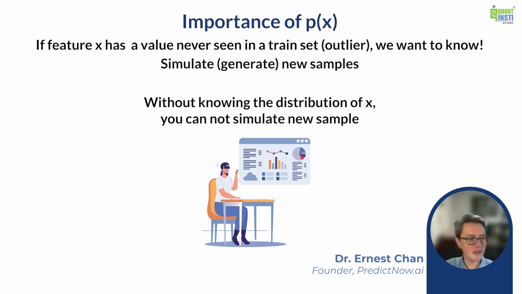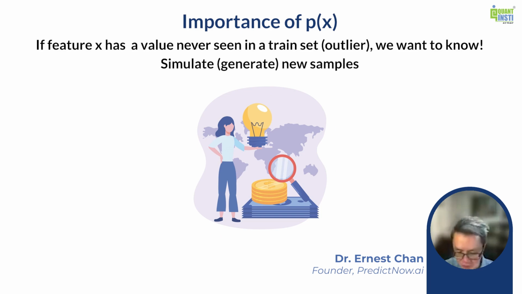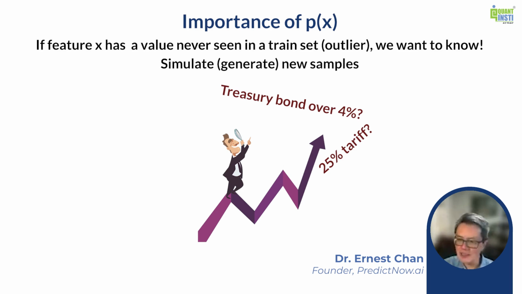You can only simulate the label Y, but that is meaningless because Y is all about prediction. All finance is about knowing certain things. How do we predict? It is not saying that, oh, by the way, the market always goes up. Sure, the market always goes up on average, but does it go up when there is a 25% tariff? Does it go up when the treasury bond goes over 4%? That is the condition.